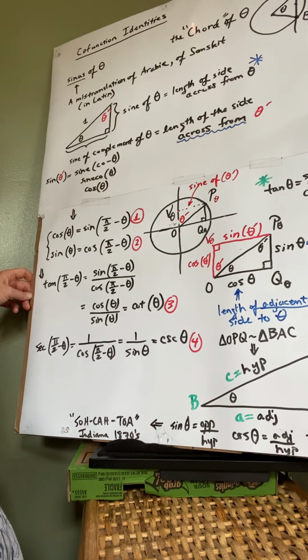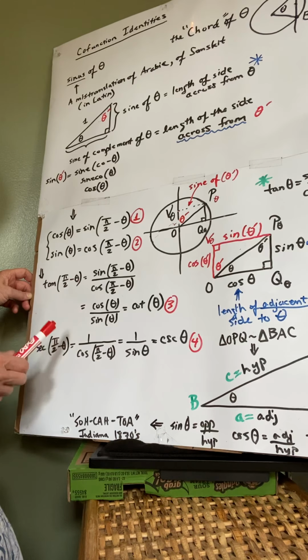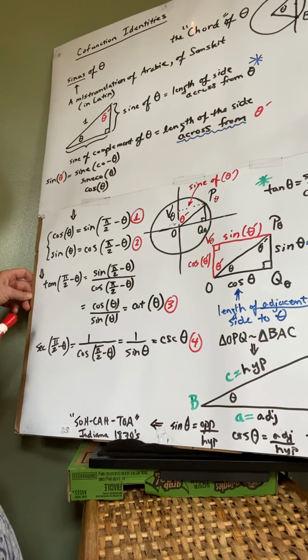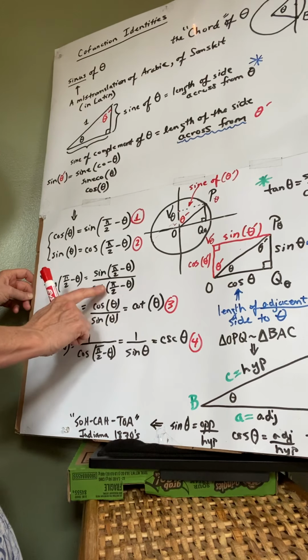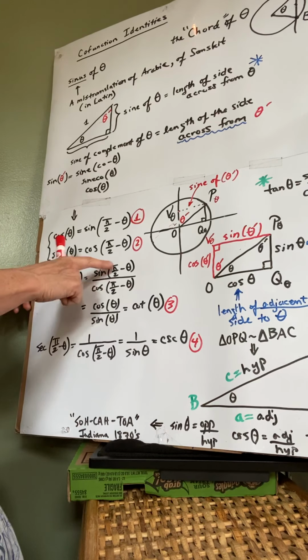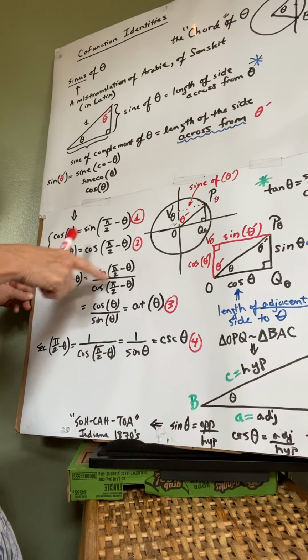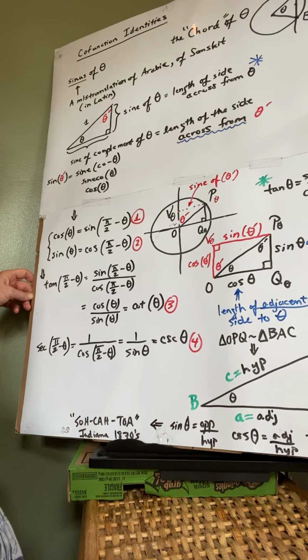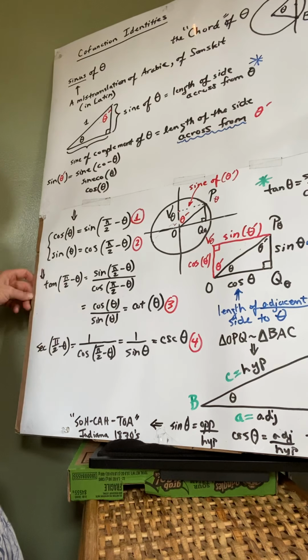So using those two, you can come up with identities for the tangent of the complement. You don't have to memorize two more identities. You just go back to your definition of the tangent in this class. The tangent of some angle is the sine of that angle over the cosine of that angle. If you have pi over 2 minus theta in each of those slots, that's true for our definition of the tangent. What is the sine of the complement? Oh, that's the cosine. That's what they mean by the cosine.